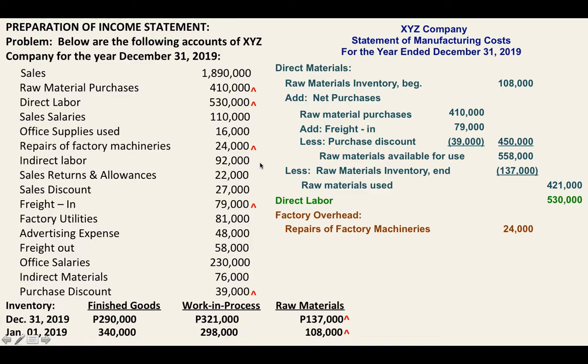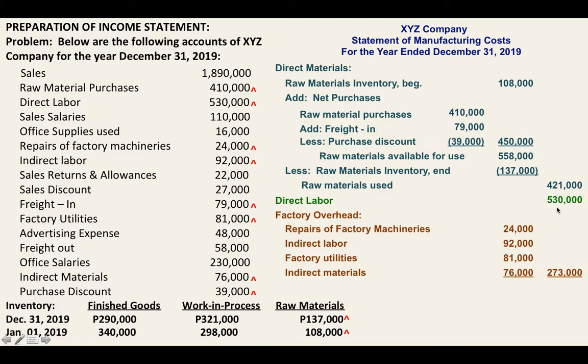Indirect labor, that's factory overhead, so we have to put that in our listing. Sales returns is not. Sales discount. Factory supplies, so it's factory, 81,000. And here, advertising is not factory. Freight out is not factory. Office salaries is not. So here, indirect material, that's factory overhead, so we have to include that. So we can now total all of this because there's no more factory overhead.